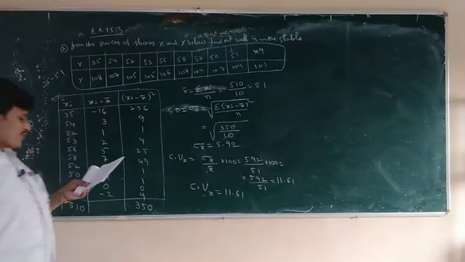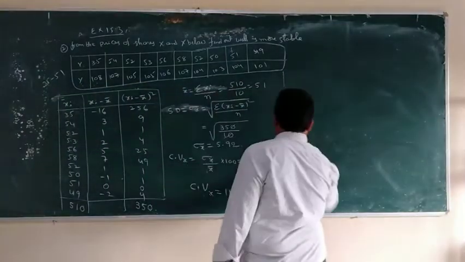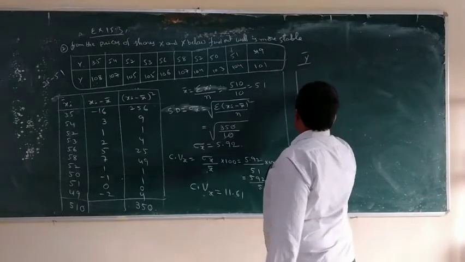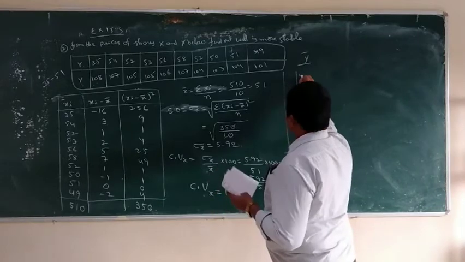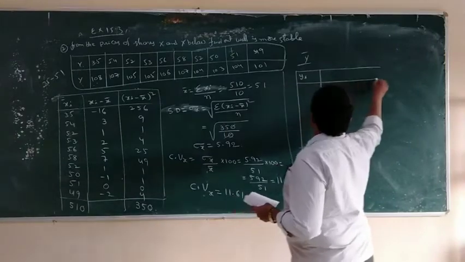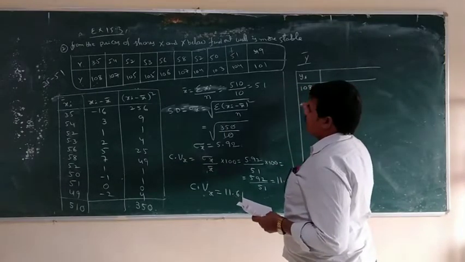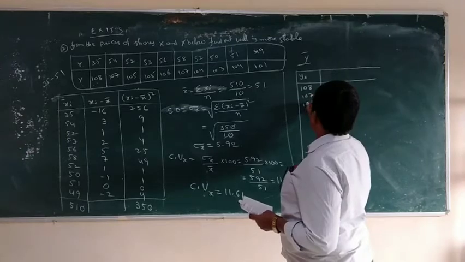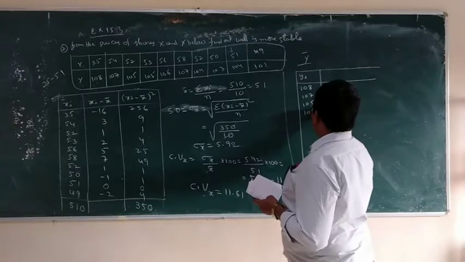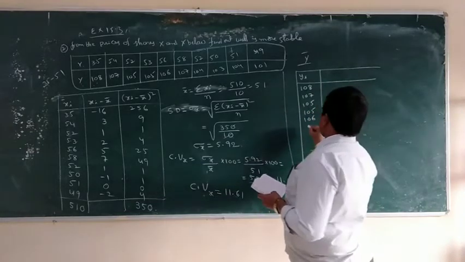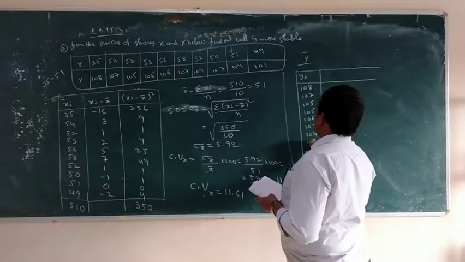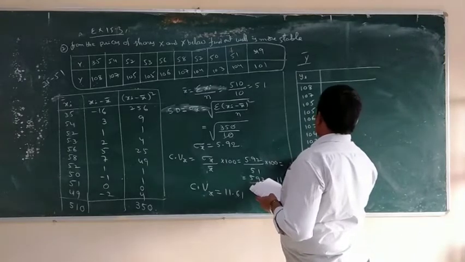This is the first one. Next, the second table, which is y. First, the yi values: 108, 107, 105, 105, 105, 106, 107, 104, 103, 104, 101.